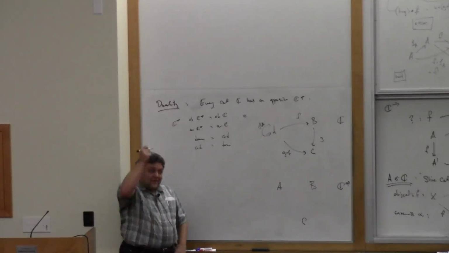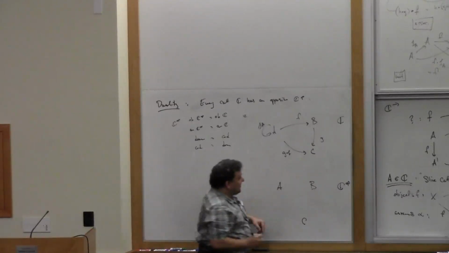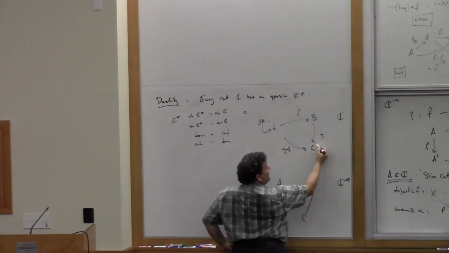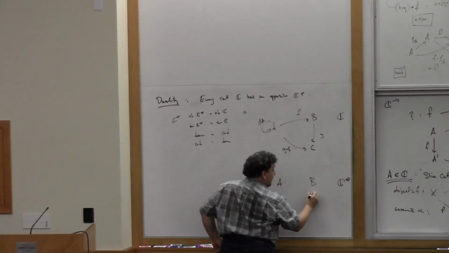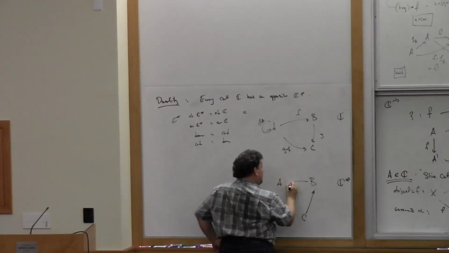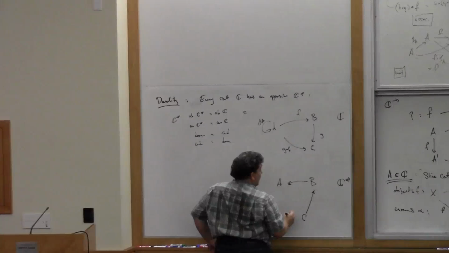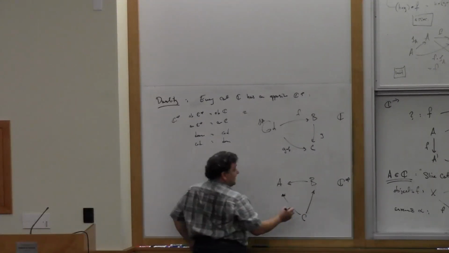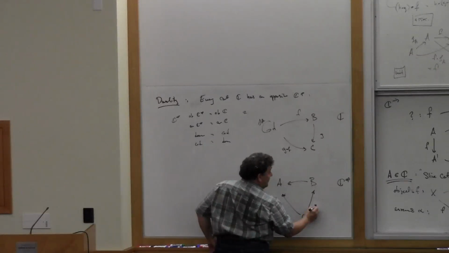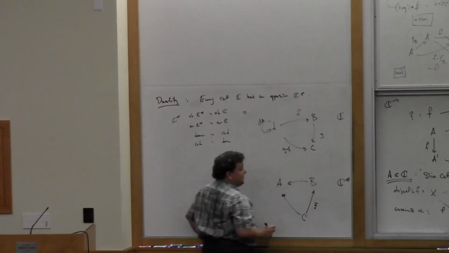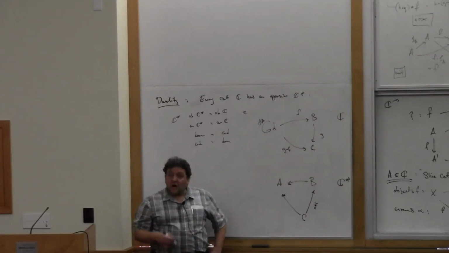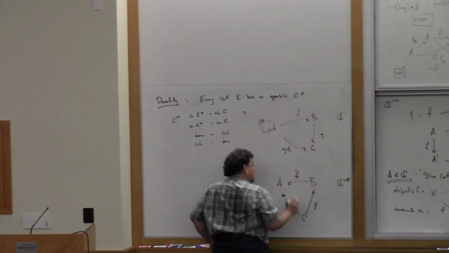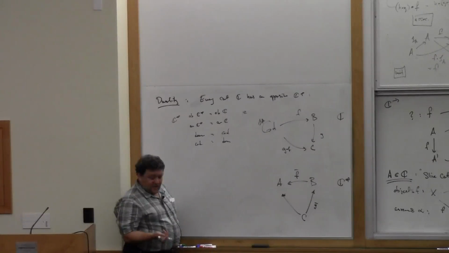That is, I draw them the other way around because, although it's the same arrow, I swap what is its domain with its codomain. So this is an arrow in C op, that's an arrow in C op. Let me give it a name: I'll write G bar to mean the same arrow regarded as an arrow in C op, and F bar to mean the same arrow regarded as an arrow in C op.